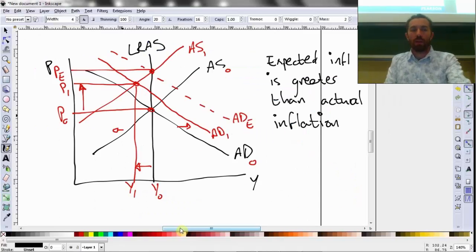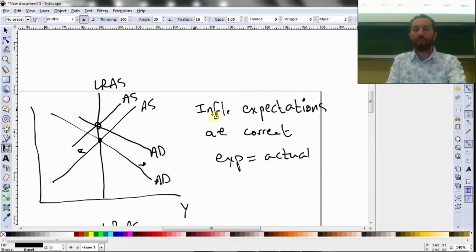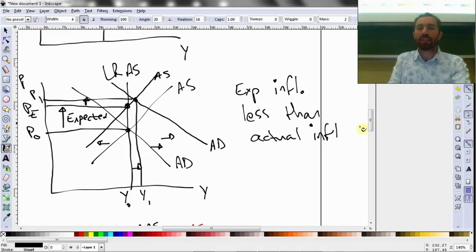What our diagrams here are showing is that if our expectations of inflation correspond to reality, we will always be at full employment. However, if our expectations differ from reality, and if we underestimate inflation, we can actually increase employment.